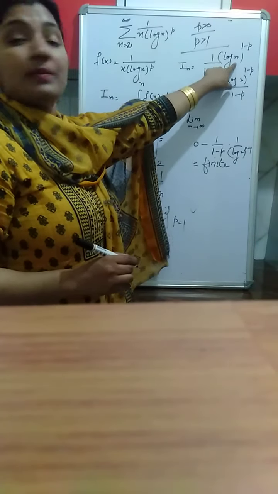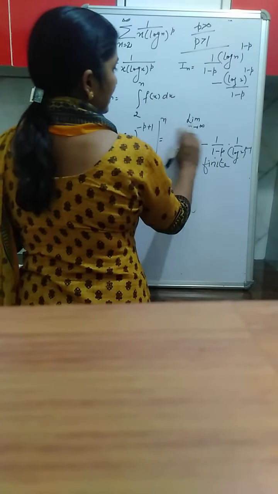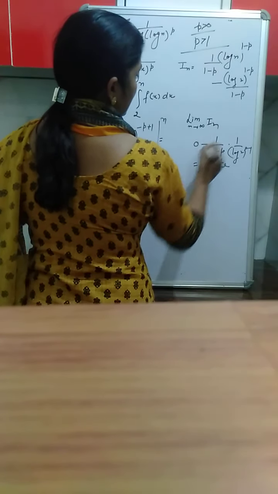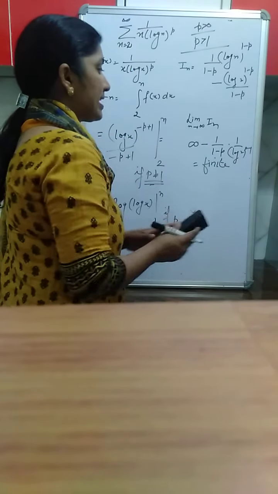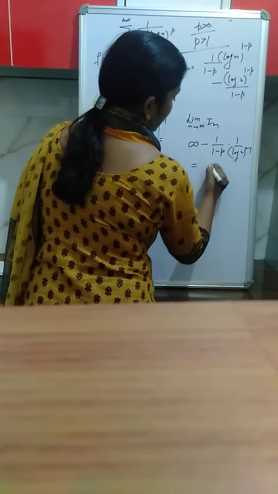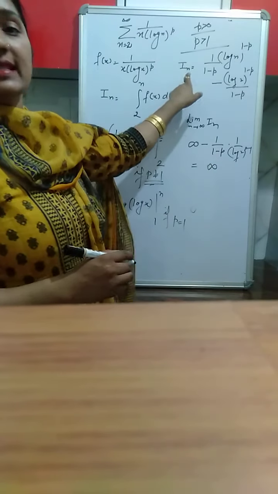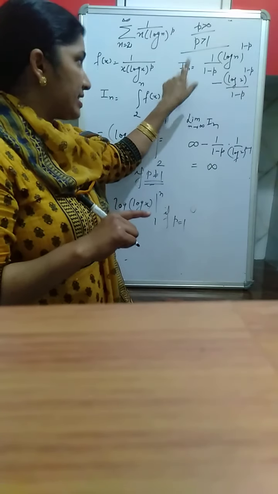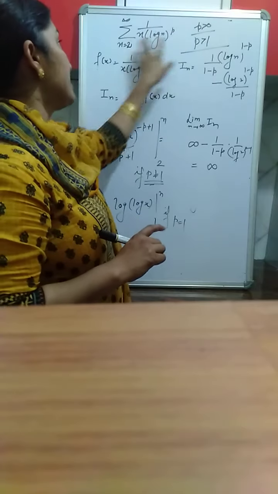So when n approaches infinity, I_n is infinity minus a finite quantity, and therefore this is infinite, and therefore the sequence I_n is divergent.